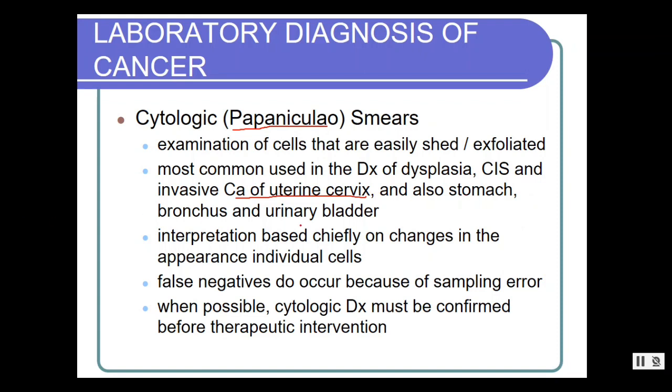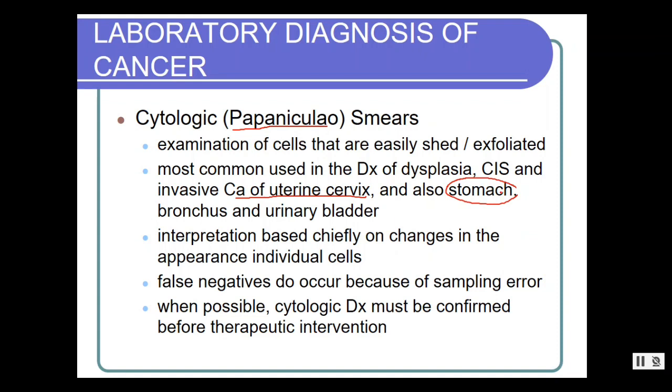But you can also use it for the stomach, for the bronchus and the urinary bladder. However, this is not commonly used, no, because there are other better ways of checking on the tumor aside from getting a sample and doing a pap smear, no?